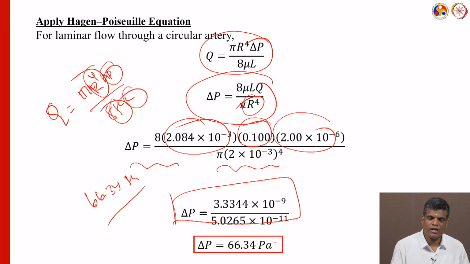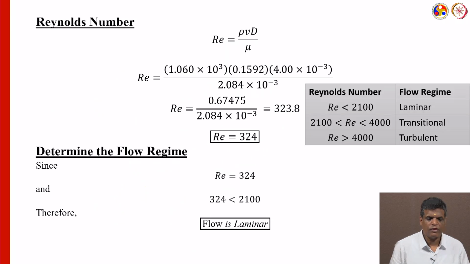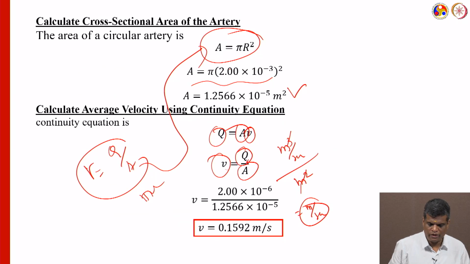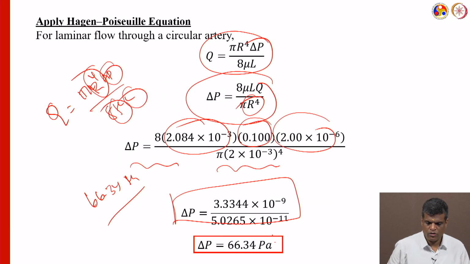Whenever the flow becomes turbulent and the Reynolds number increases, there is a health issue. The Reynolds number equals d V rho by mu. The rho is the density of blood. The velocity we found from the previous problem is 0.1592 meter per second.